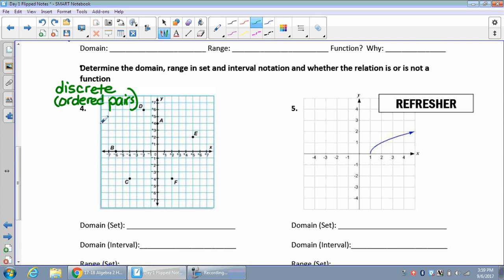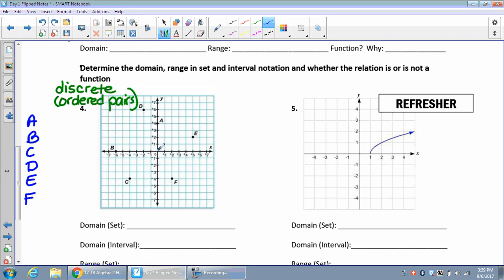And to approach it, we're actually going to get a list of ordered pairs off to the side. So we have points A, B, C, D, E, F. So let's make a list: A, B, C, D, E, and F. Remember, to get ordered pairs, we always start at 0, 0. We move left and right first, and then up and down.